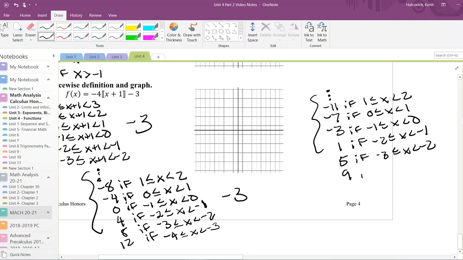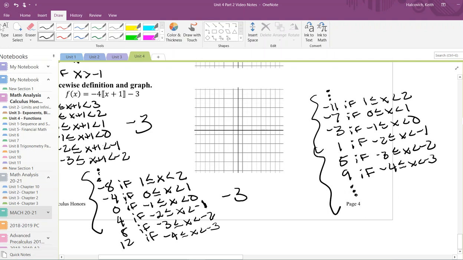And 9 if it's between -4 and -3. Dots. So that's your final piecewise definition.